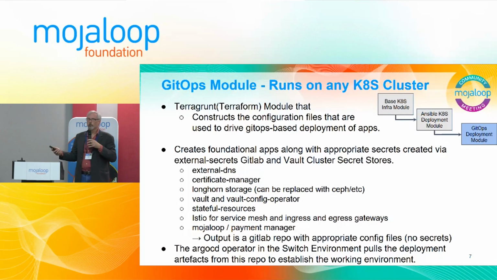Istio. So one thing you notice here, no WSO2. Well, thank you. Now we can tell who's been around for a long time. I've been trying to kill WSO2 for many years. So no WSO2, that means we're using Keycloak as an identity management provider and Istio for service mesh and ingress and egress gateways.